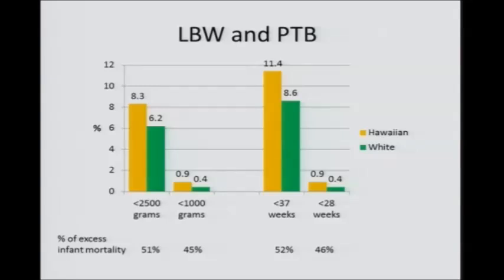Native Hawaiians had twice the rate of these very rare but highly fatal births. And there was absolutely no difference in gestational age-specific mortality. So we knew that Native Hawaiian mothers were actually more likely to be born in a risk-appropriate facility than white mothers.